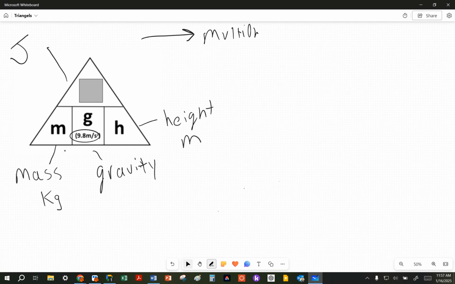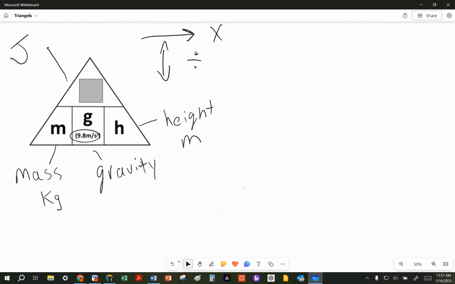And when they go up and down, you divide.